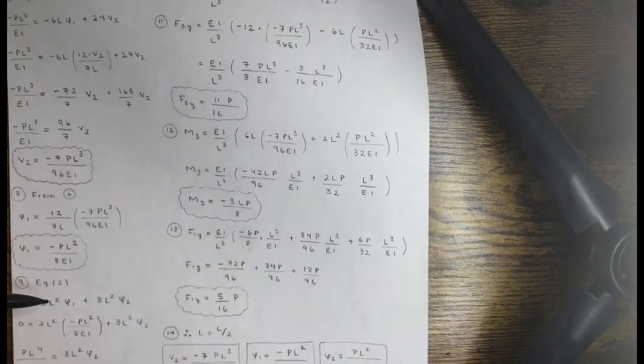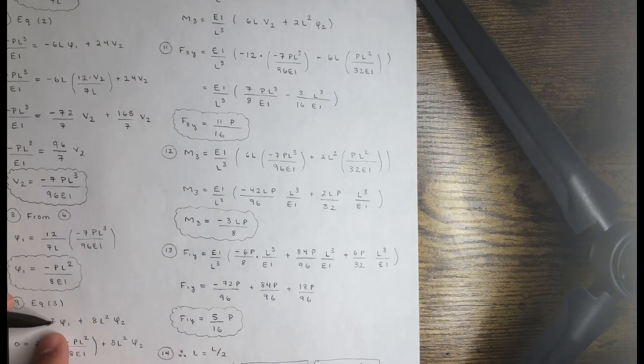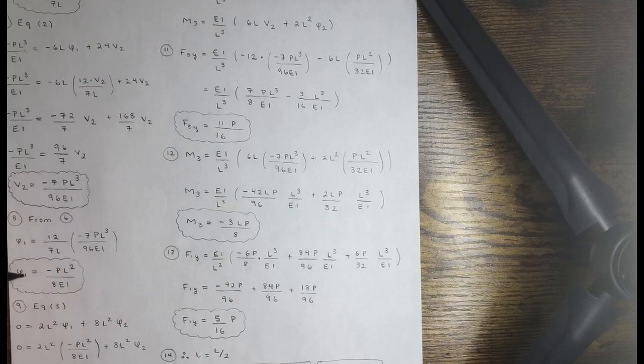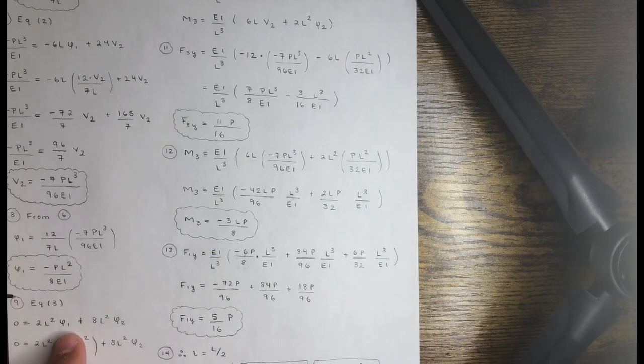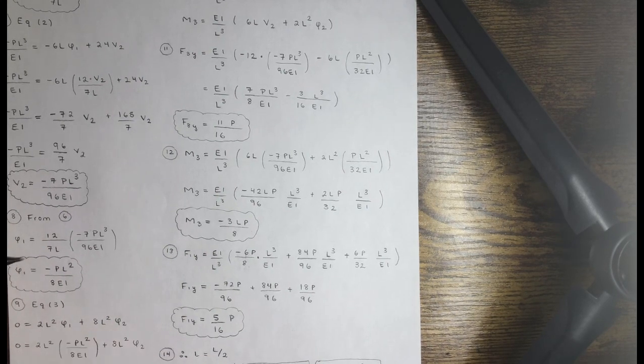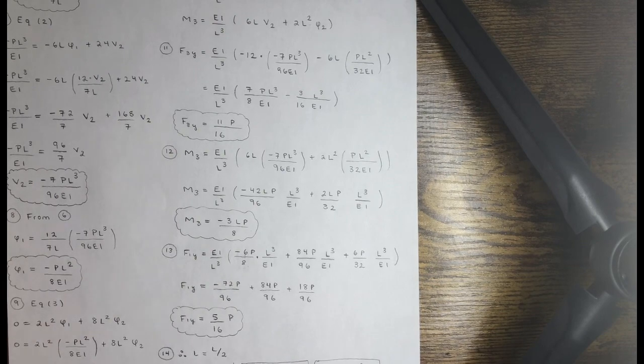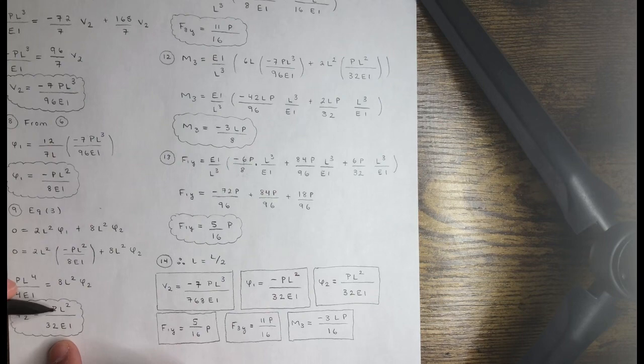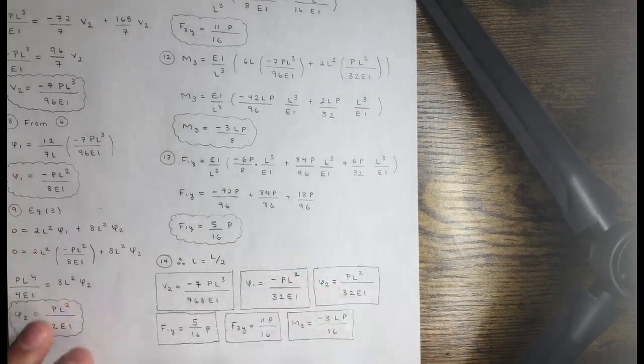Then from equation 3, it was this, right? 2L squared phi1 plus 8L squared phi2. In this case, you already found phi1 in terms of pl and EI. So in this case, you could find phi2. So when you do that, you get this right here. Phi2 is equal to pl squared over 32 EI. So that's what went on right over here.